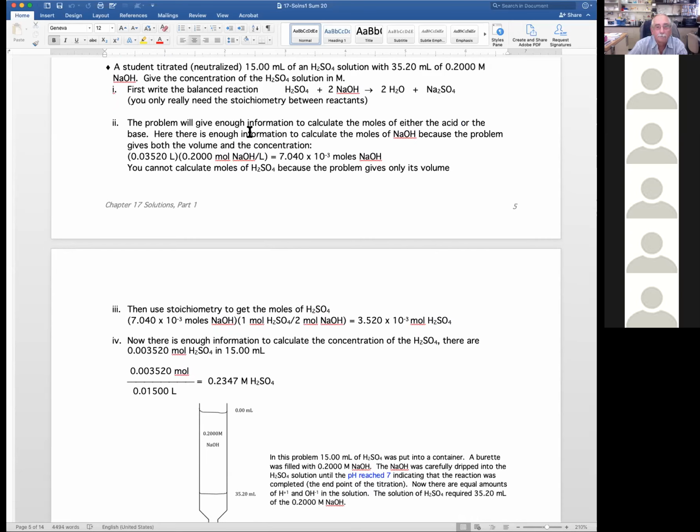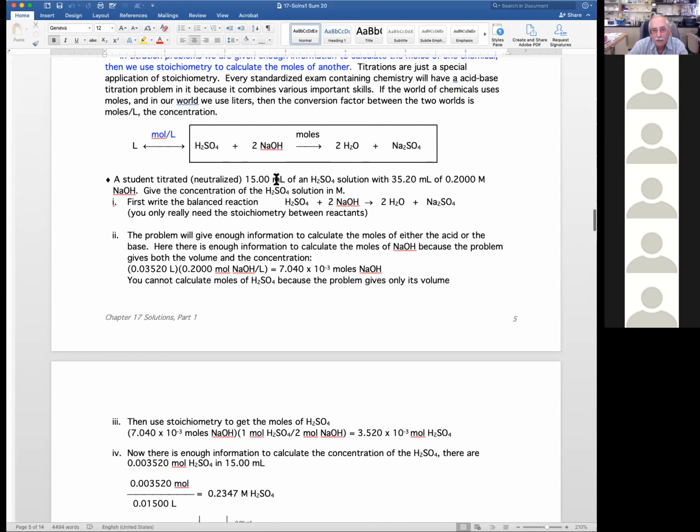So we do that. Here's the moles of sodium hydroxide. We went from liters into moles of sodium hydroxide. Now we're going to use stoichiometry to turn moles of sodium hydroxide into moles of sulfuric acid using this relationship, 2 to 1.